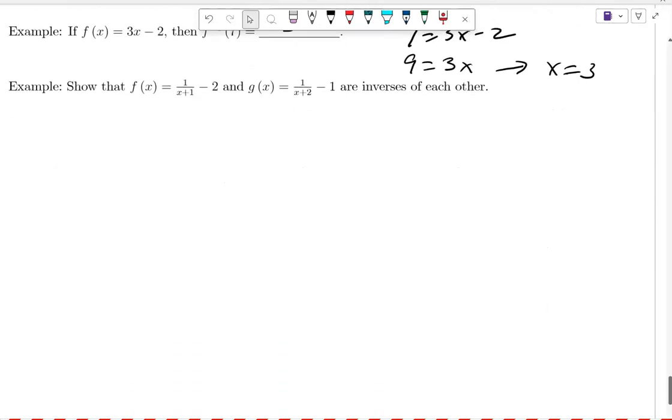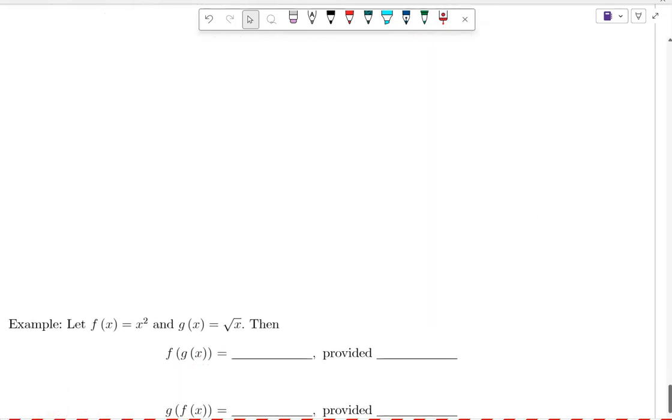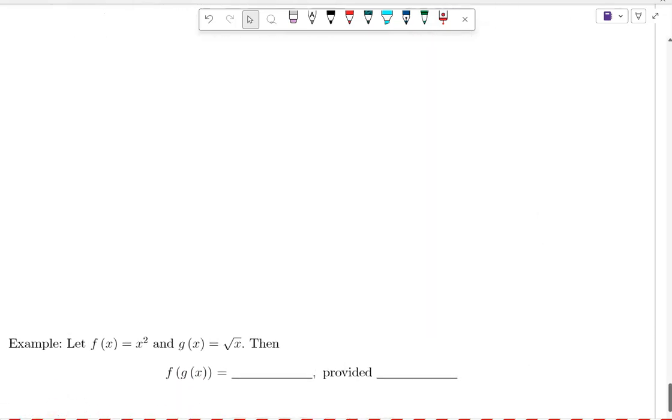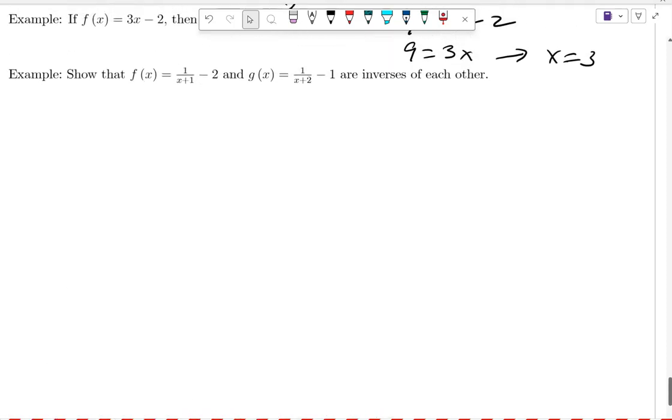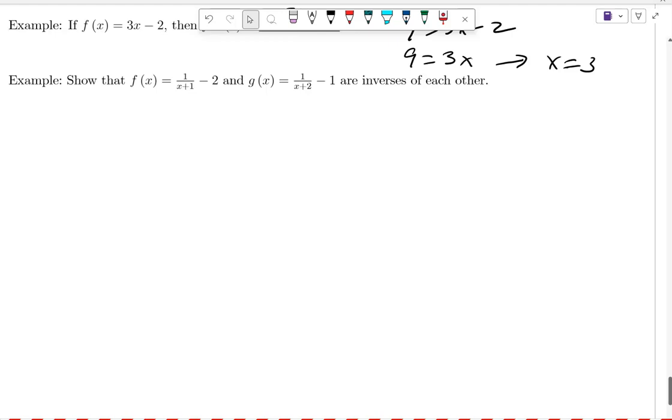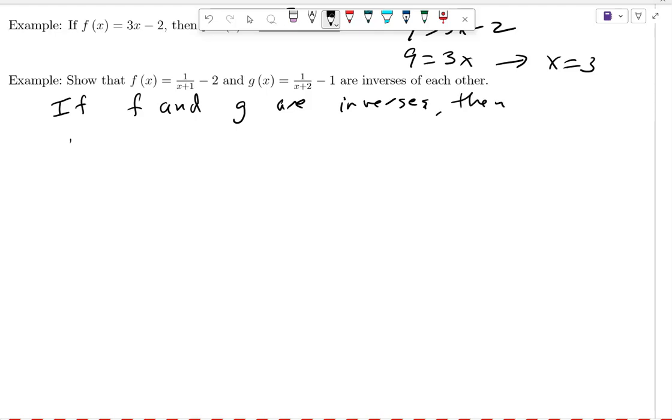All right. Let's do this last one here to illustrate the inverse idea. Remember, to show that they're inverses of each other, we're going to show that when you compose them, you get back to where we started. So if they are inverses, then what must be the case when we do F composed with G?